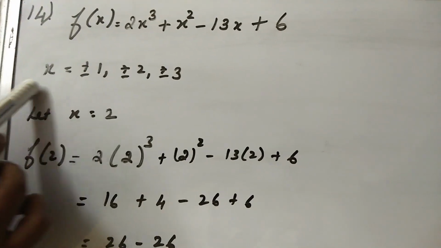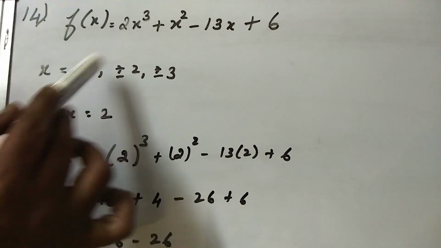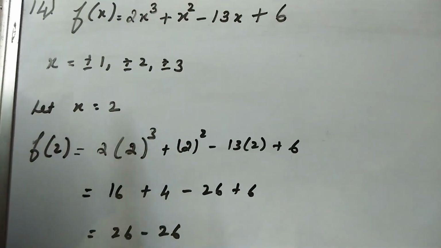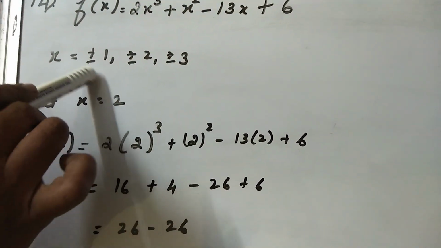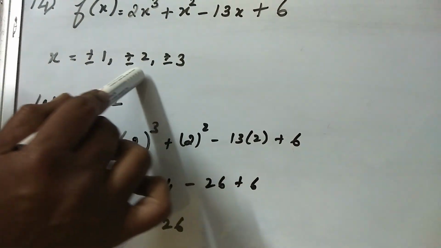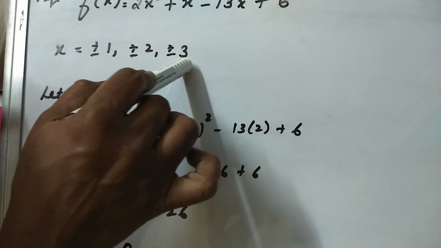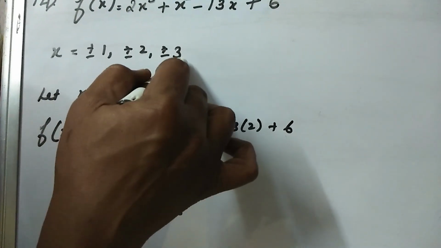You can take x value either plus or minus 1, plus or minus 2, or plus or minus 3. For one of these values you will get the remainder equal to 0.